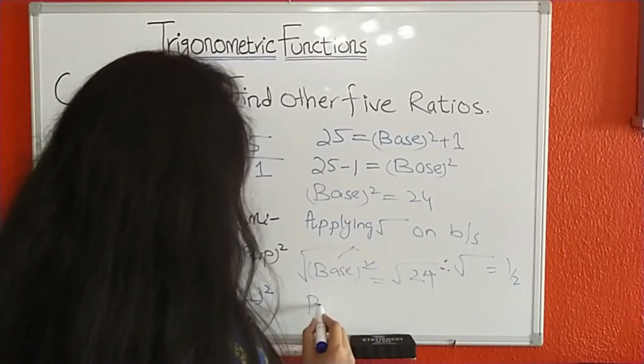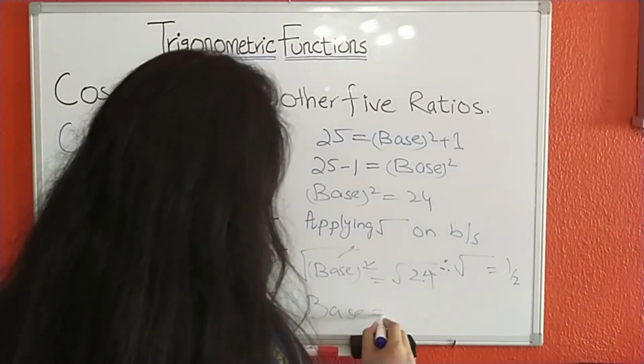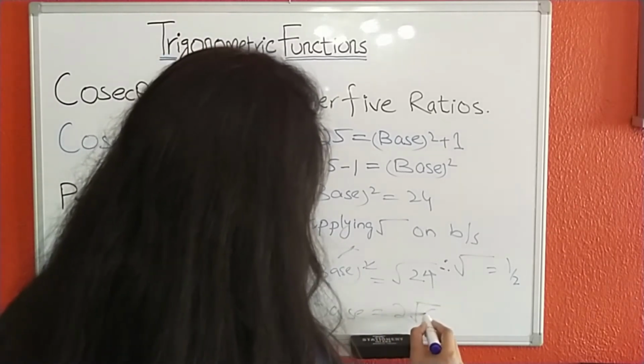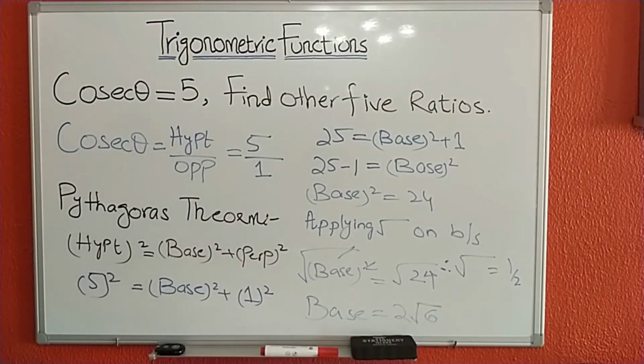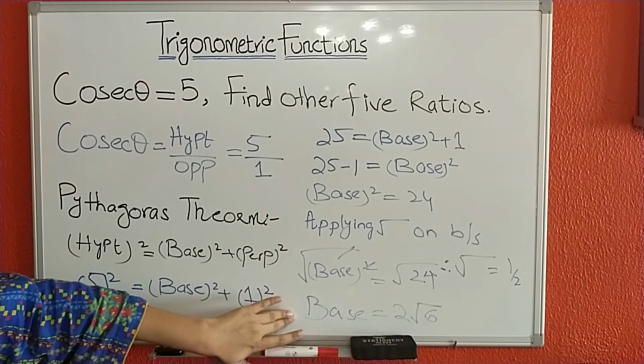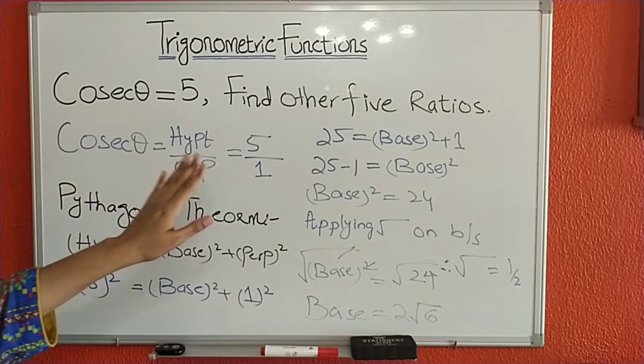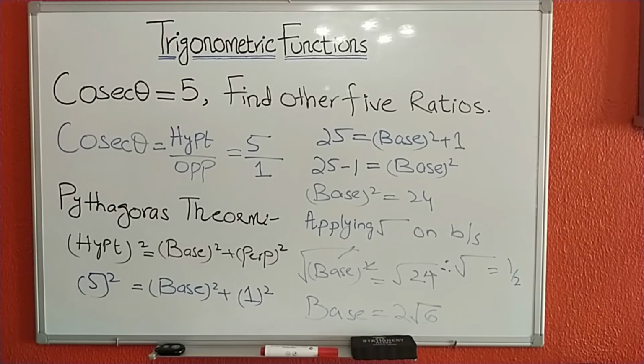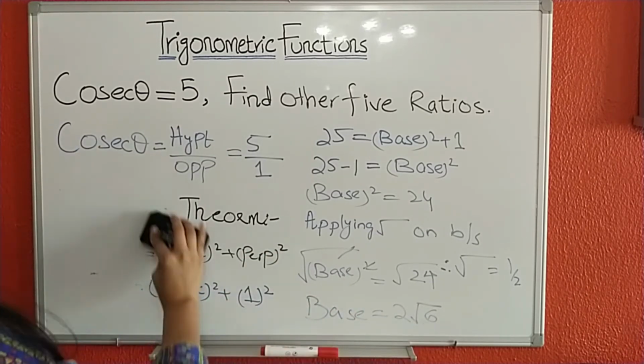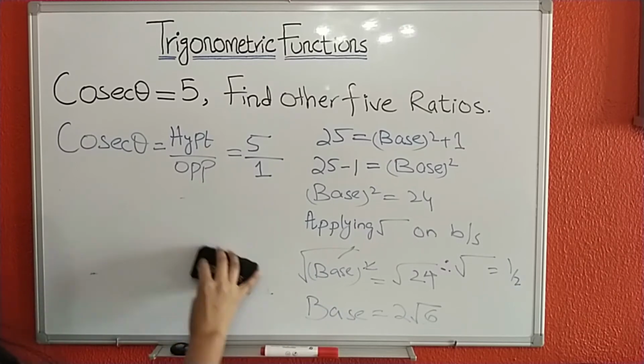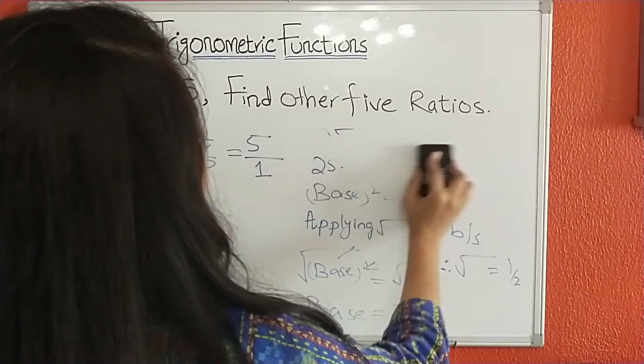Okay, and base is equal to 2 root 6. So now I have the value of base. Now I can easily find the other 5 ratios. Okay, now I'm going to erase this part here, as we have found the value of base.